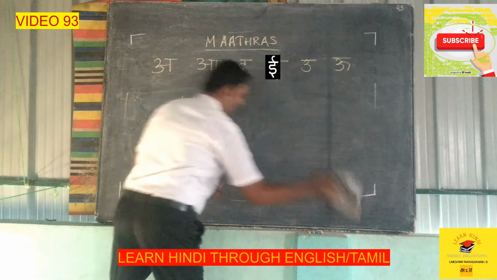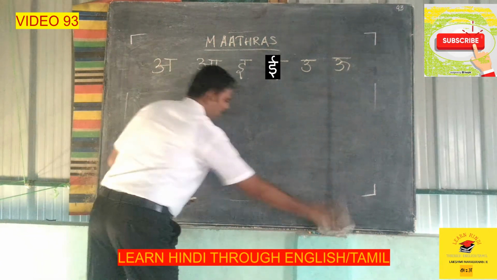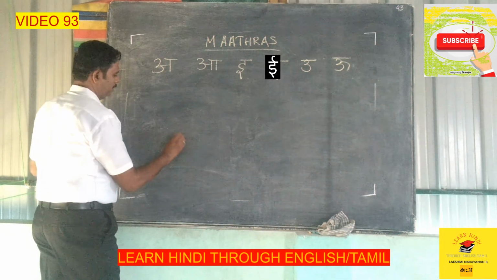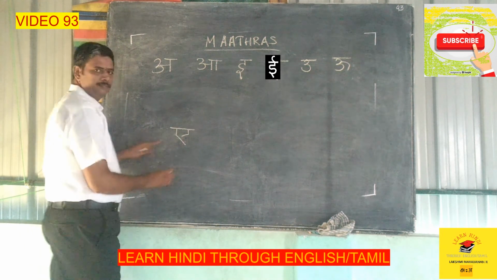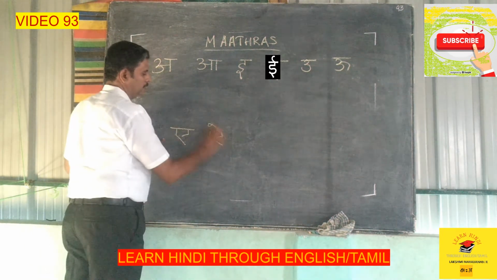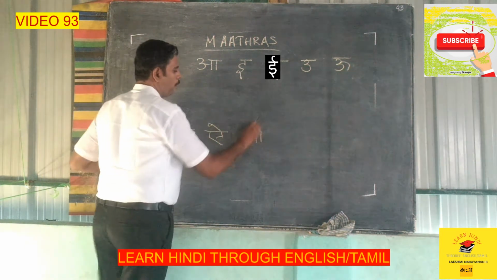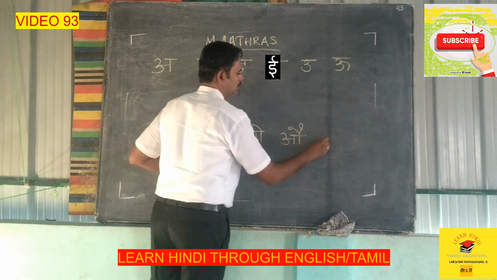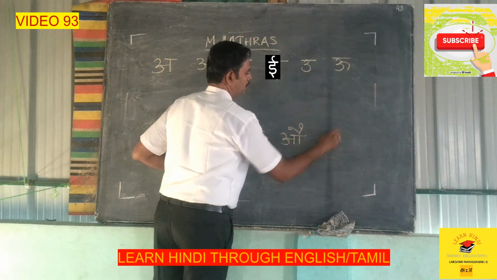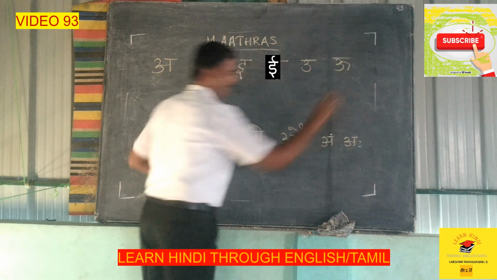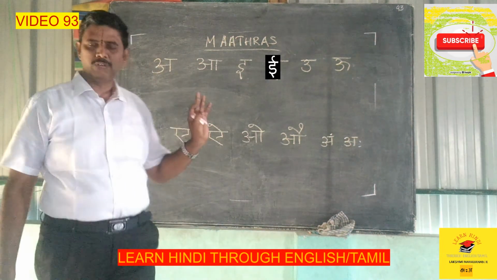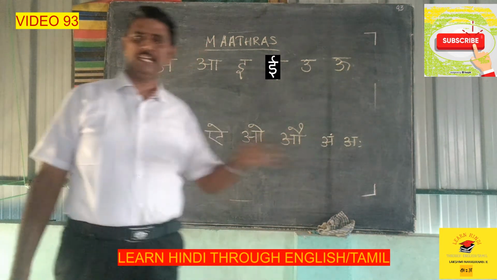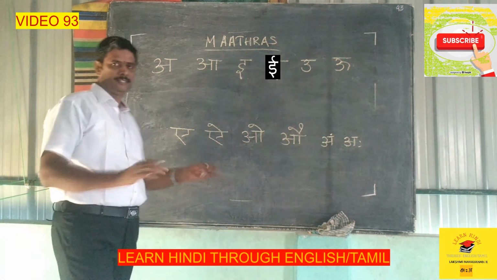Let me give some space and write. A. This is I. This is O. And this is Au. The last one is Aha. The vowels are what we are going to write in Ka, in Cha, in Ta, in Pa, like that. Okay?